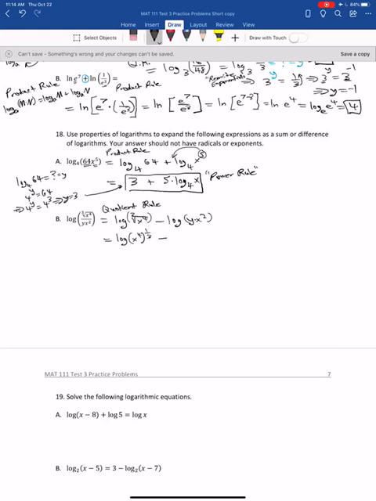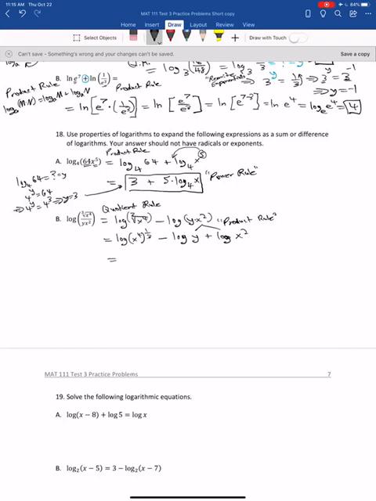Now in our next logarithm, I'm going to use the product rule. So log of m times n is equal to the log of y plus the log of x squared. Log of m plus the log of n. There's the product rule being used, breaking it up into a sum of logarithms.